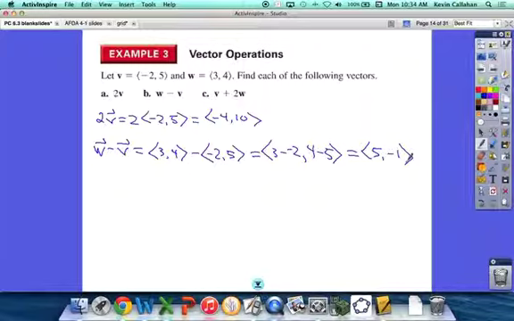And let's see the last one, v plus 2w. v is <-2,5> plus 2 times w, <3,4>.